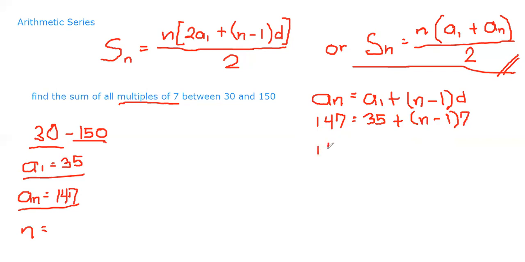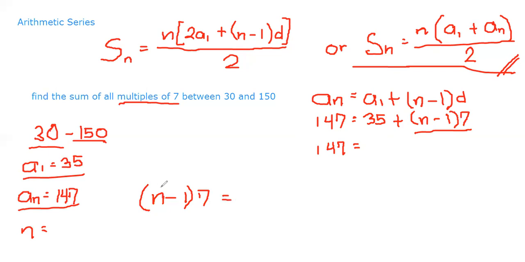So rewrite natin 147. Anong pwede natin computein agad dito? Itong multiplication, n minus 1 multiply by 7. Anong gagamitin natin dito? Distributive property of multiplication.